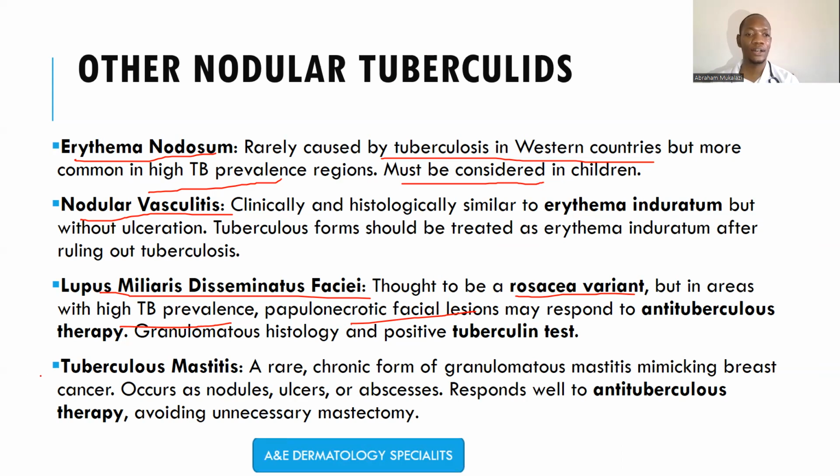We can also have tuberculous mastitis, where TB is affecting the mammary glands, the breasts. In this case, you will have a chronic form of granulomatous mastitis, mimicking breast cancer or even Paget disease. If someone has nodules, ulcers, abscesses, and they respond well to TB treatment.